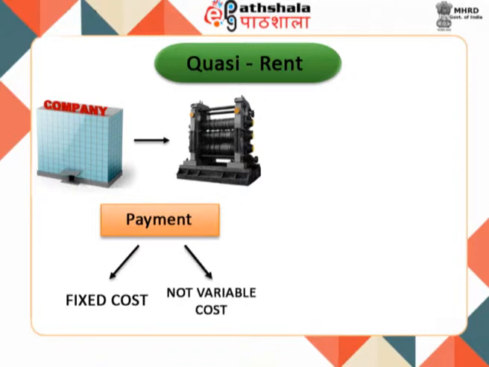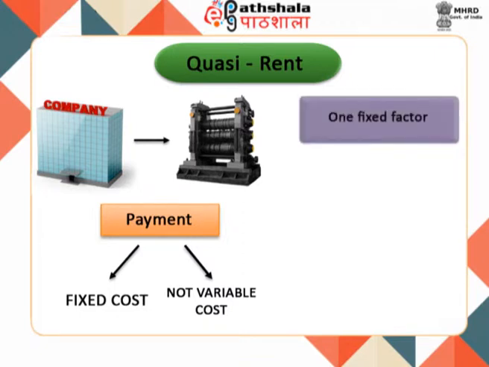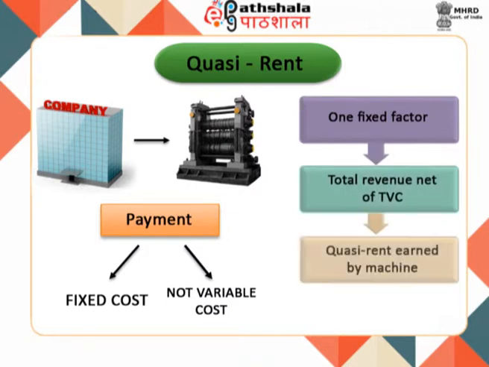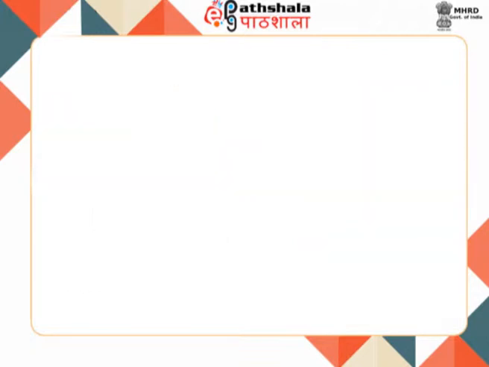If the entrepreneur has only one fixed factor, his total revenue net of the total variable cost is a quasi rent earned by the machine. This quasi rent may be higher than, equal to, or lower than the fixed rental of the machine.